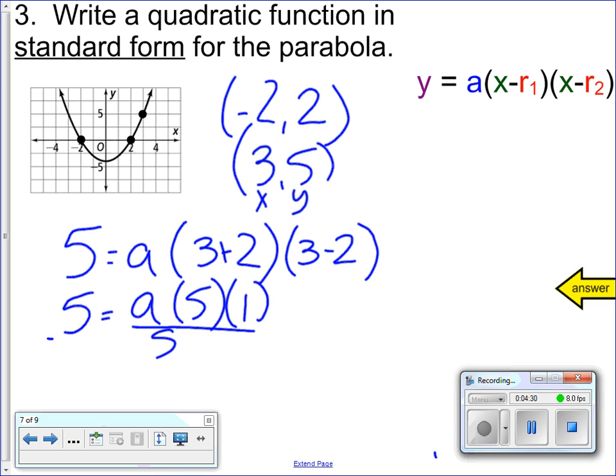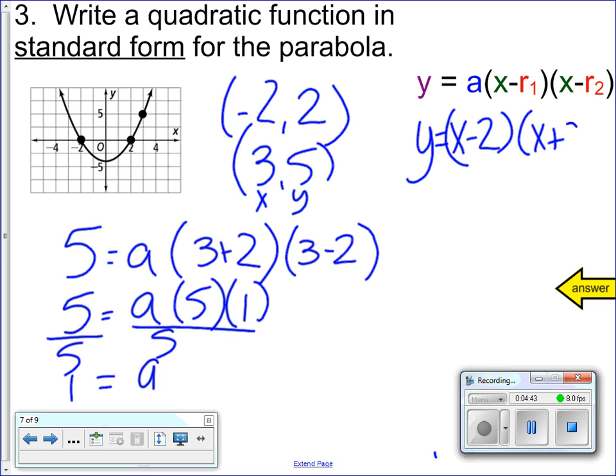Divide both sides by 5, and we get a is equal to 1. Once we have that, we'll fill this in. y equals x minus 2 times x plus 2. And that gets us y equals x squared minus 4.